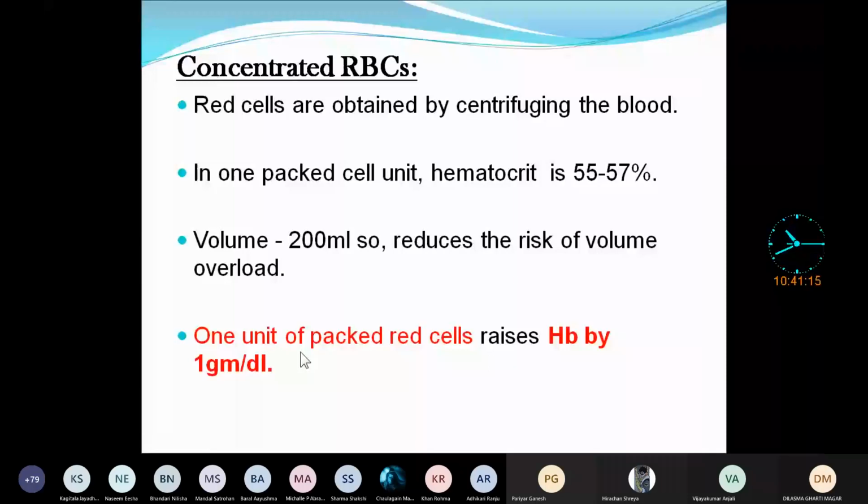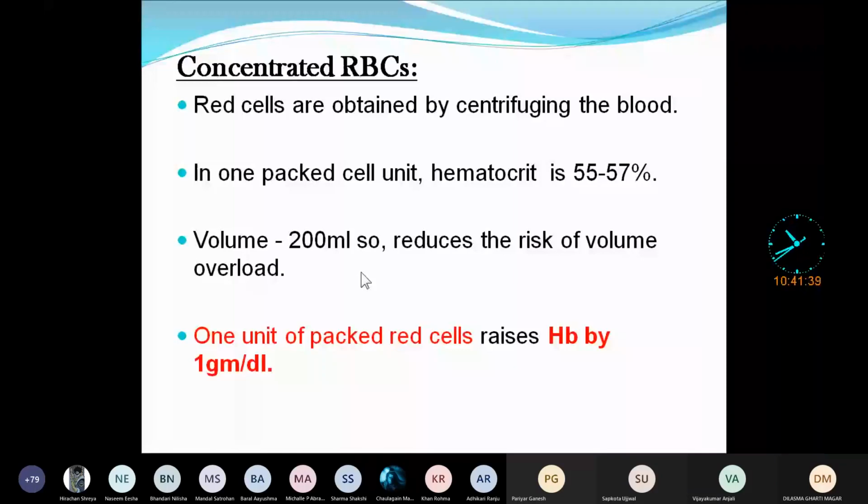Now, this slide, did you understand? Yes, ma'am. Okay. And that 200 ml is of packed cell volume. After that 450 ml is taken, and only then can it be separated into the different components, isn't it so?